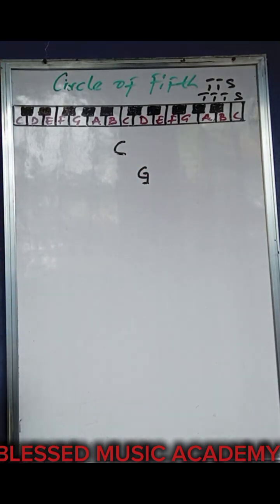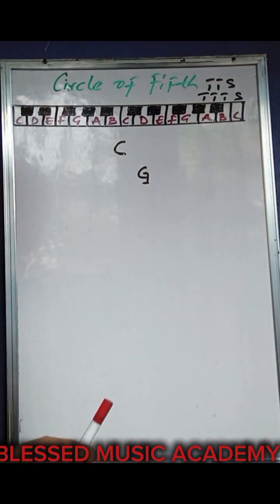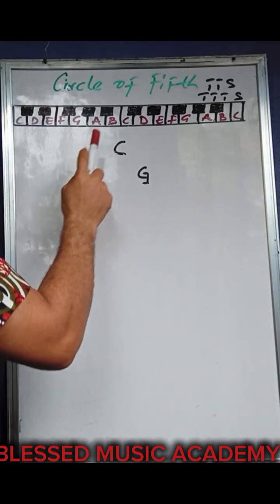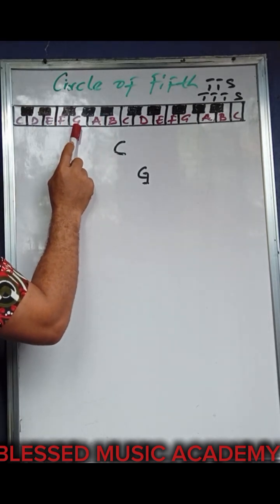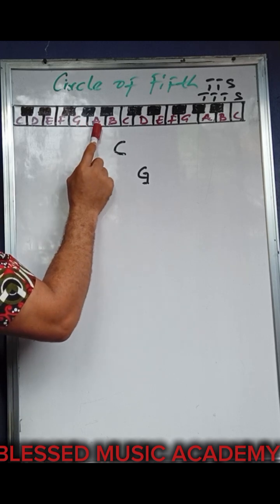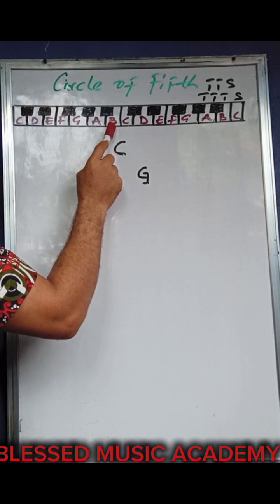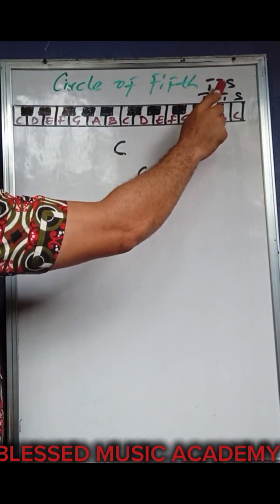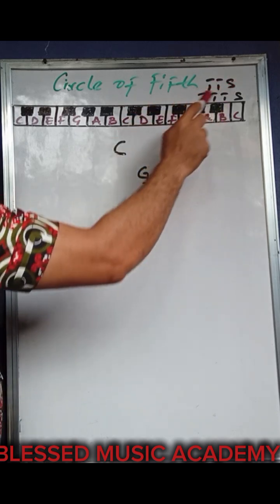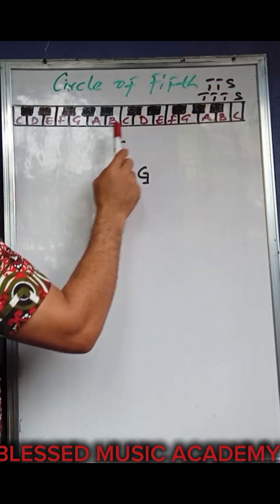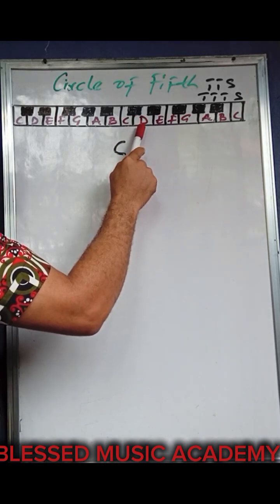So we are moving the fifth, but in G, if you follow tone, semitone, tone, semitone, in G our F is sharpened. Let's do it. G to A is a tone because of the black key in between. A to B is a tone. B to C, no black key, is a semitone. So we need tone, semitone. C to D is a tone.